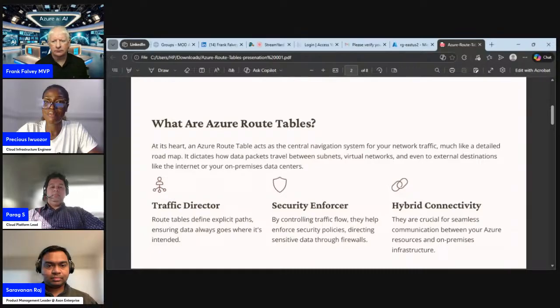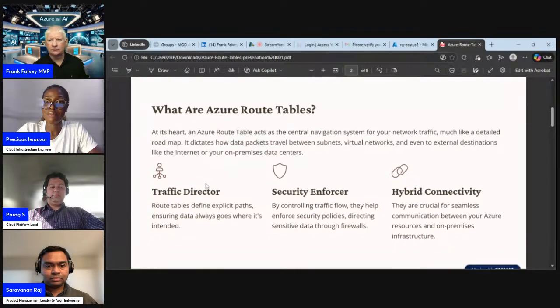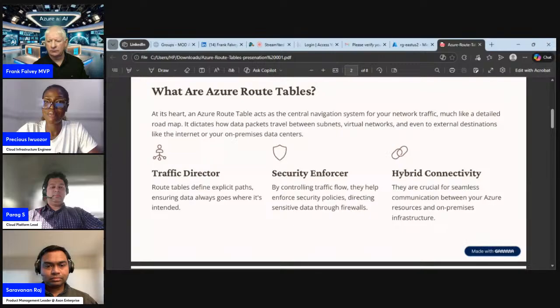When we talk of Azure route table, you have the traffic director. What the traffic director does is define explicit paths, ensuring data always goes where it's intended. Also, we have the security enforcer. This controls the traffic flow. They help enforce security policies, directing sensitive data through firewalls.